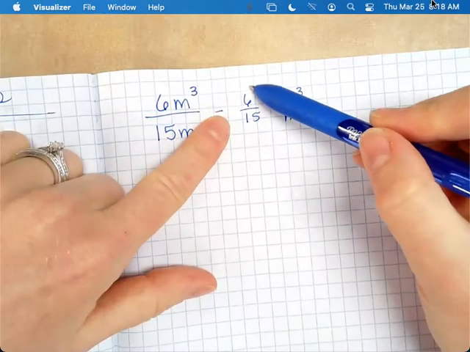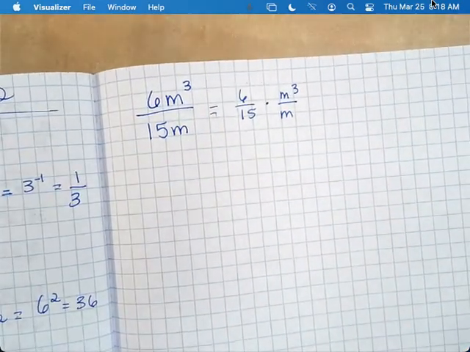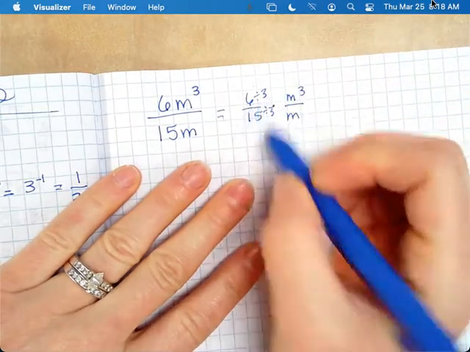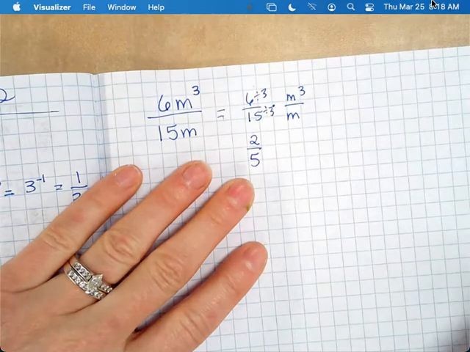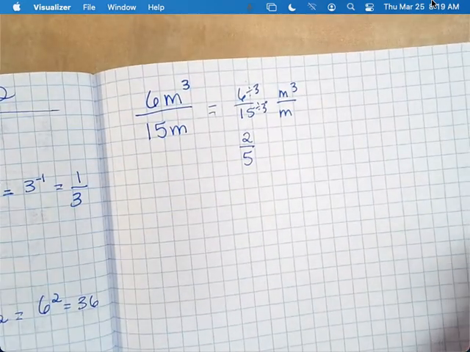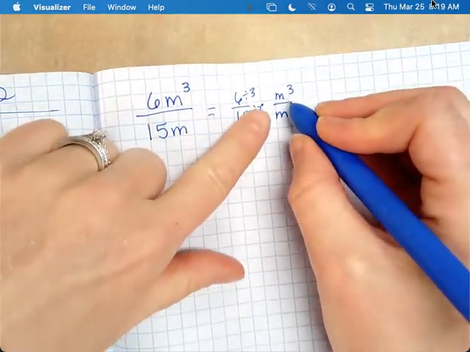So let's simplify this fraction. What can I simplify that by? By 3. So that would be 2 over 5. And then what about m cubed divided by m?